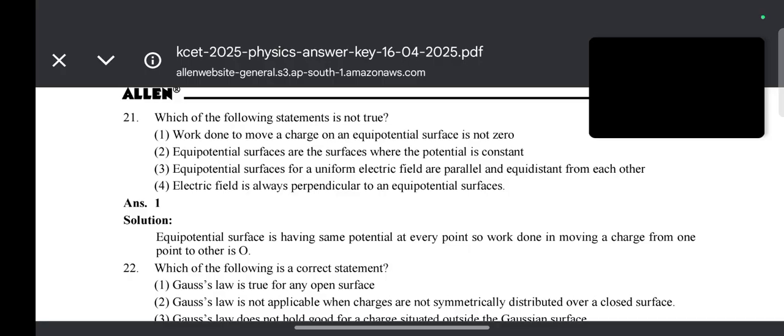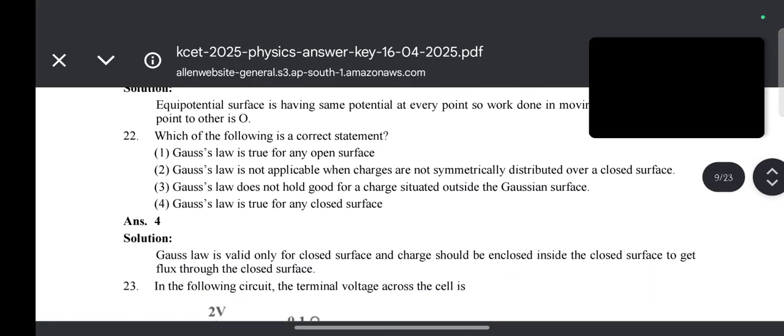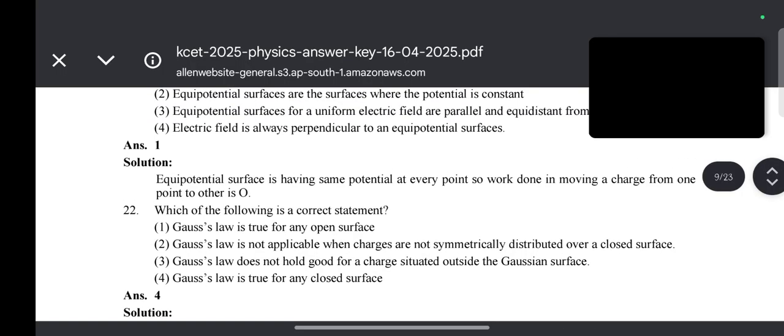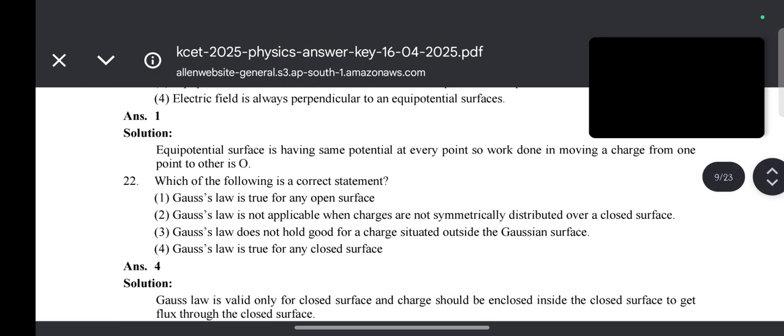Electric field is always perpendicular to an equipotential surface. So the correct one is the first option, that work done to move a charge on an equipotential surface is not zero. Because an equipotential surface has the same potential at every point, the work done in moving a charge from one point to another is 0.